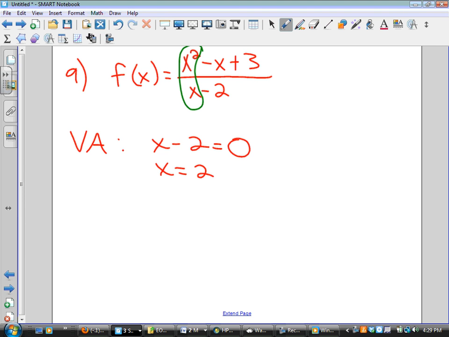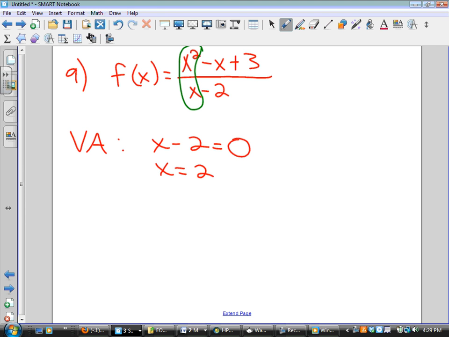So the numerator has a power of 2, and the denominator has a power of 1. So that means that the numerator is larger. Because the numerator is larger by exactly 1, that means that we have an oblique asymptote.